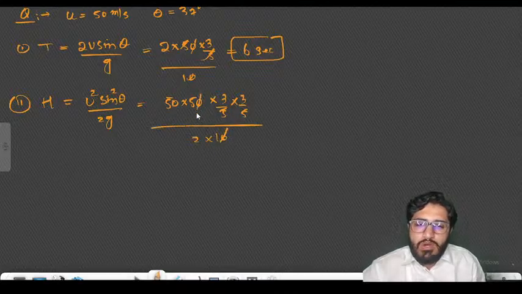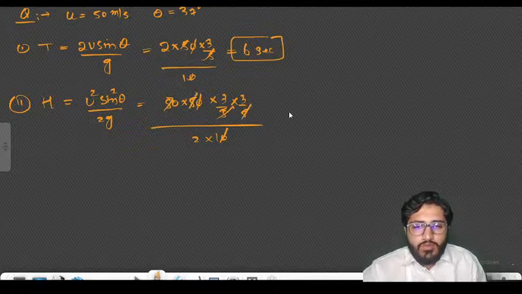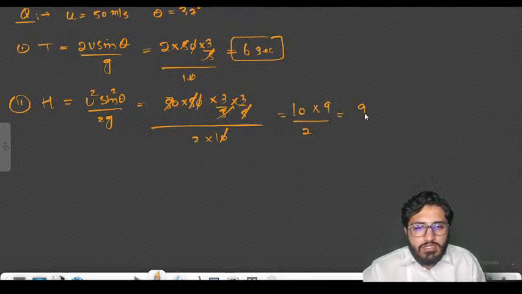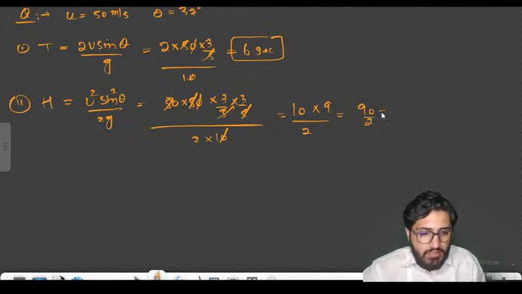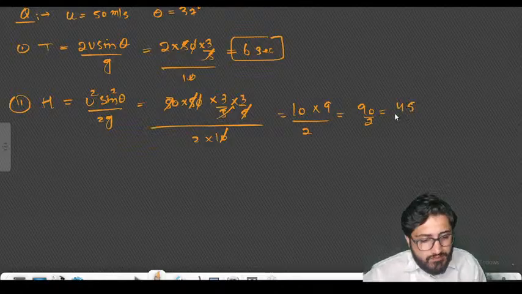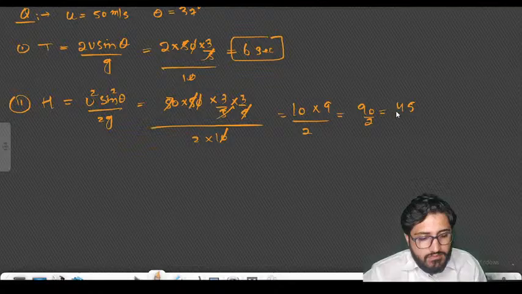The 10s cancel out. So my answer is 5 into 9 divided by 2, that is 90 by 2. Is it 45 meters, right?